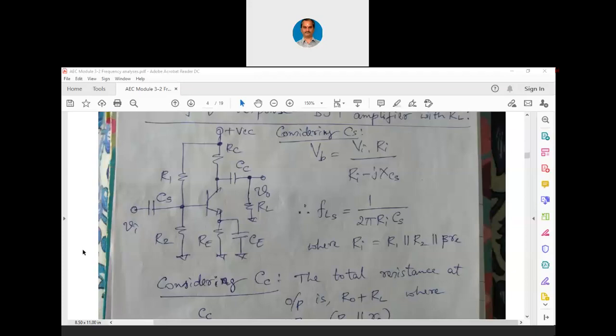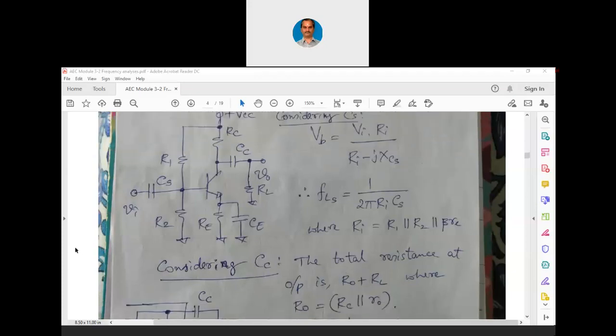That is R0 plus RL. Now what is R0? R0 is capital RC in parallel with small r0. That small r0 is the output resistance of the collector base junction, which we already know. We have been using it earlier in our exercises. So this capital R0 is capital RC in parallel with small r0.